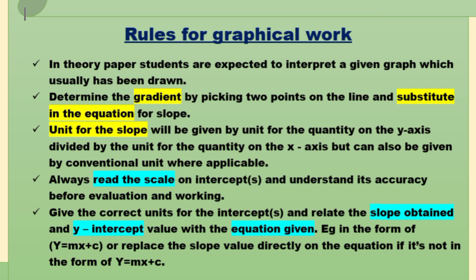You must understand the importance of slope when it comes to the equation you'll be given thereafter. Then the unit of the slope. How do you know the unit for the slope? You just check what you are dividing in the y-axis by what you are dividing in the x-axis. For example, let's say in the y-axis we have voltage in volts, and the x-axis current in ampere.